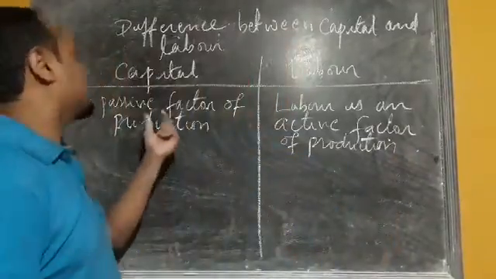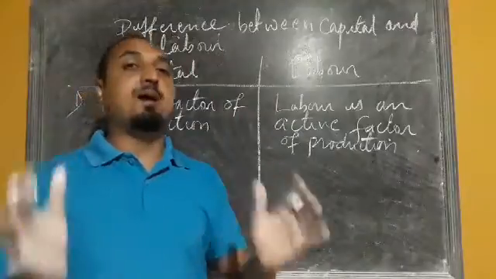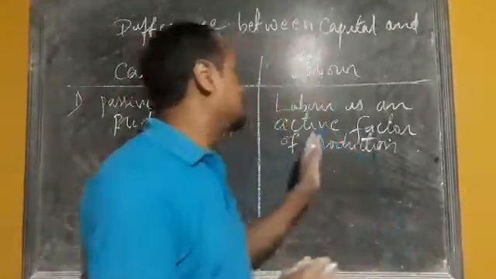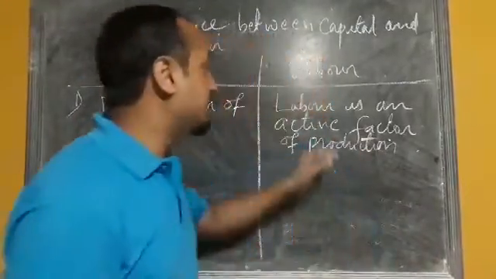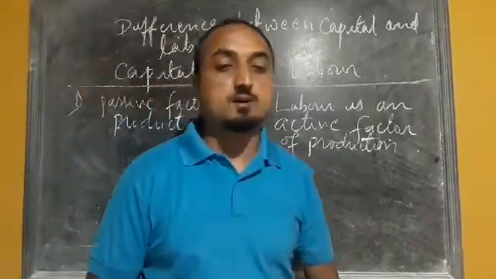Now I hope you have got the difference between passive and active factors of production. Passive means somebody is needed, it cannot produce anything by itself, but labor can produce by itself. So that's why it is called an active factor of production, and capital is called a passive factor of production.